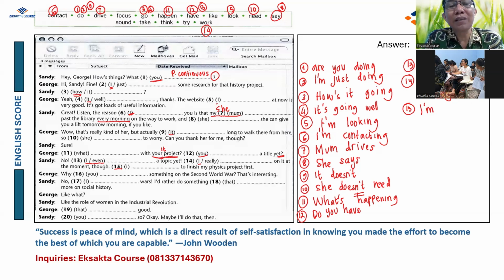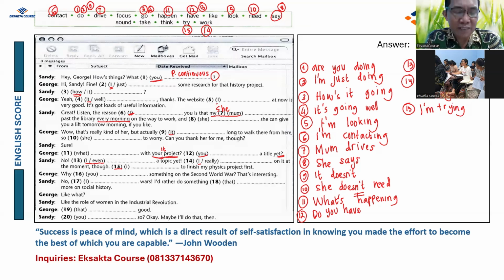And then the suitable word to complete number 15 is try. But because it is present continuous, we use I am trying. I am trying to finish the physics project first. Number 15, I am trying. Use am because the subject is I, and then try becomes trying because it is present continuous.